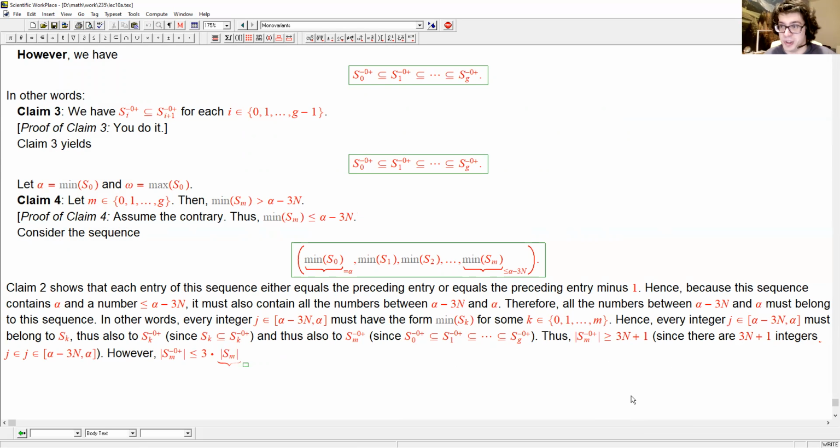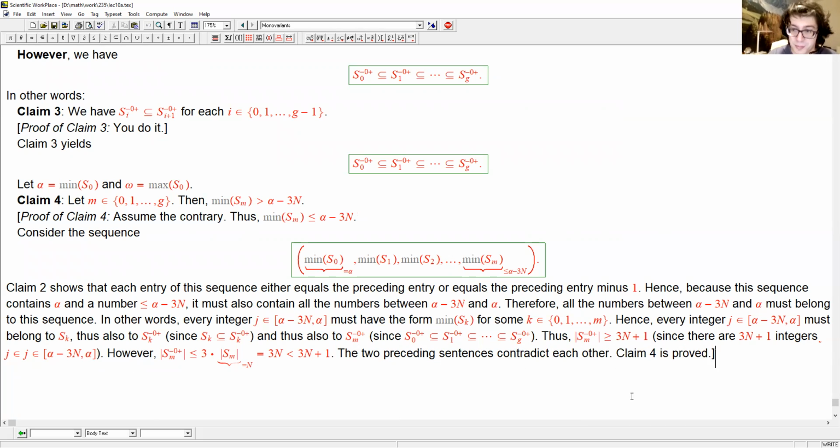The set is the set of all occupied rooms. The number of occupied rooms is the number of violinists, which is n, so 3n. And this is not bigger than 3n plus 1. This is less than 3n plus 1. The two preceding sentences contradict each other, and claim 4 is proved.